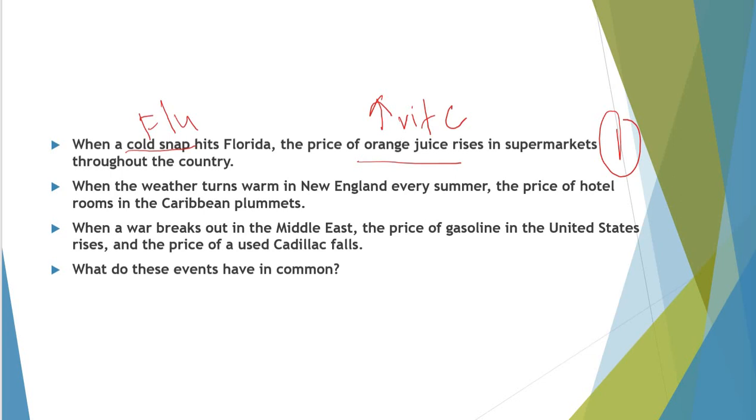So that's the idea. Second situation. When the weather turns warm in New England every summer, the price of hotel rooms in the Caribbean plummets. For those who have traveled to four season countries before, you know that the perfect time for us Malaysians, whose money is not so plentiful, to travel to those countries is during winter or autumn.